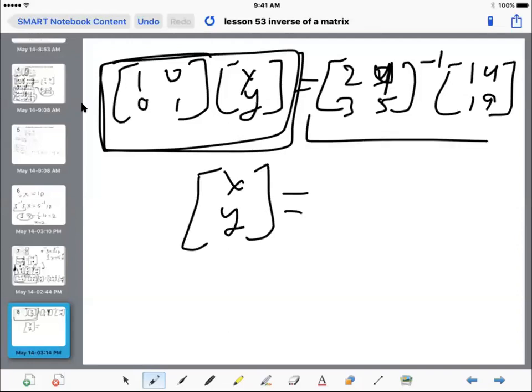Now we're at our last step. Remember from before, we worked out that we can replace the [2 4; 3 5] inverse with [-5/2 2; 3/2 -1].